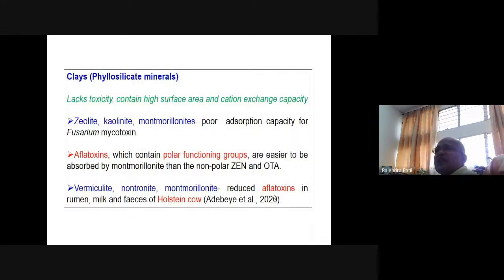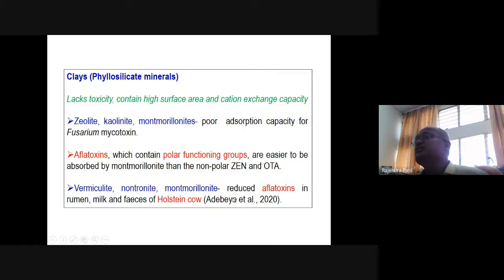Then clays like phyllosilicate minerals are also used as mycotoxin binders. They lack toxicity and have high surface area and cation exchange capacity, like zeolite, kaolinite, montmorillonites, vermiculites, and smectites. They have variable properties, and they are more useful against aflatoxicosis than against zearalenone or OTA.